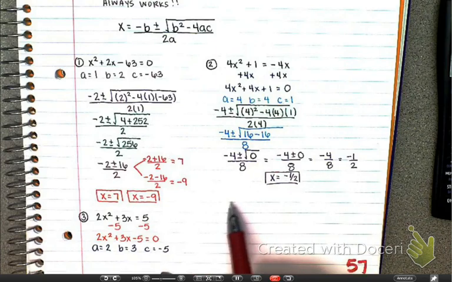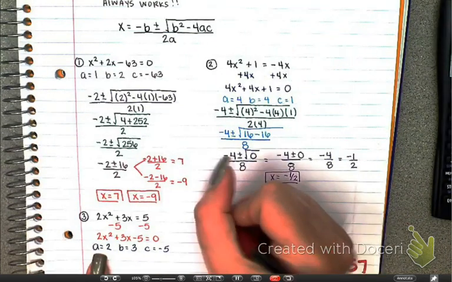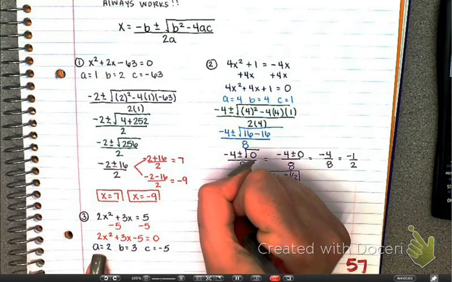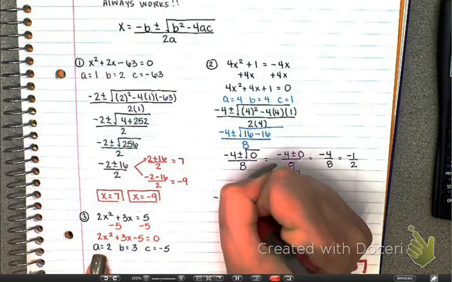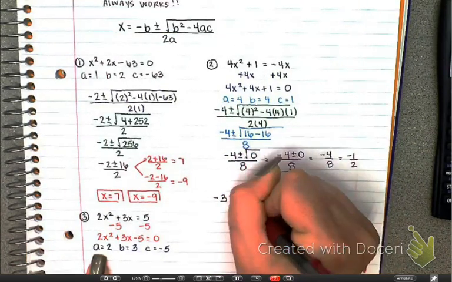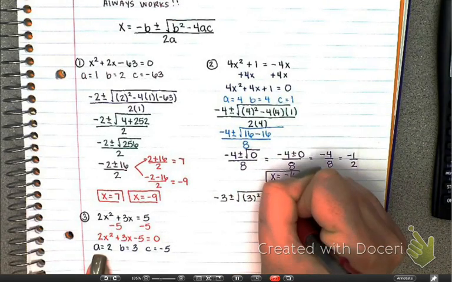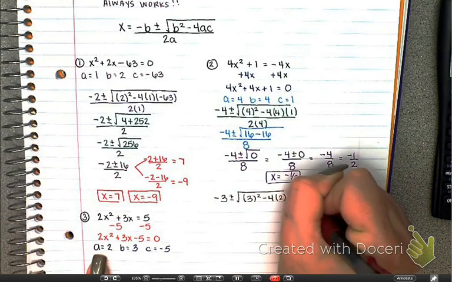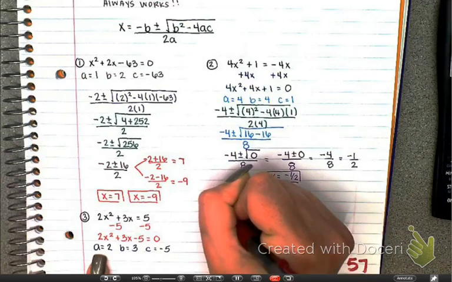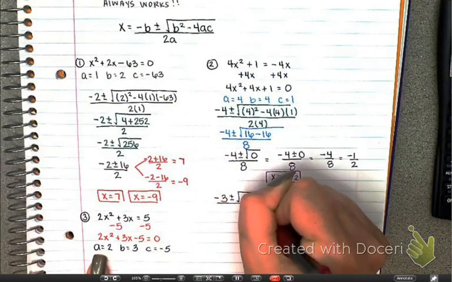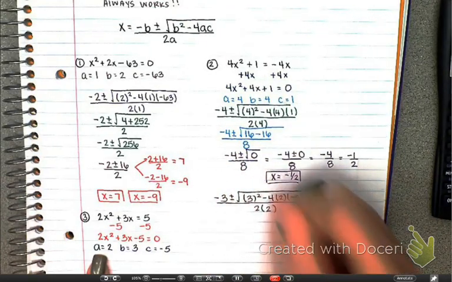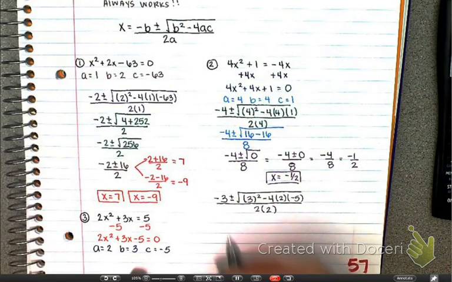I am going to move up here just so I have some space. So negative B, so negative 3 plus or minus the square root of B squared minus 4 times A times C all over 2 times A.